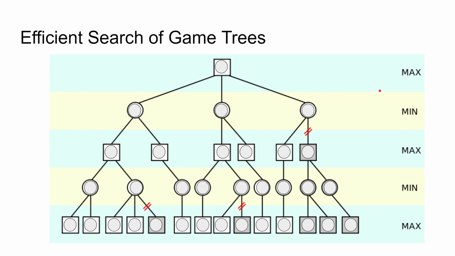What that's indicating is that in a lot of games, people take turns. On this row, whatever decision I'm trying to make, I'm trying to maximize my score, so this row is my turn. Then the next row is my opponent's turn, and they're trying to minimize my score. So that's max, min, max, min, max, min.